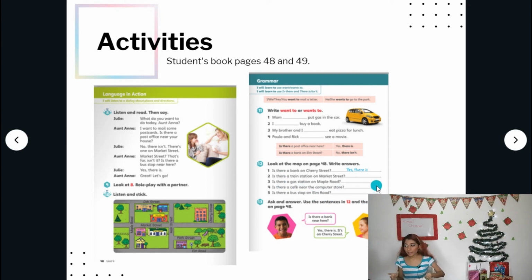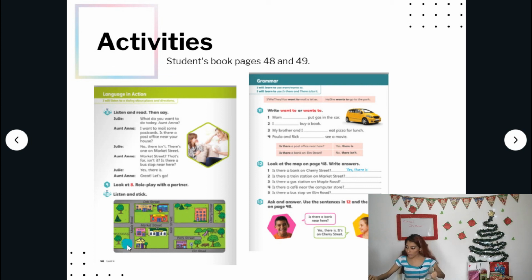Primero, es importante que encuentres la ciudad en el mapa, la calle en el mapa. Por ejemplo, Maple Road. Vamos a buscar Maple Road. Ok, ya la encontramos aquí. Ahora vamos a buscar si hay una train station sobre esta calle. Puede ser de este lado o puede ser de este lado. Pero tienen que estar pegaditos a Maple Road.